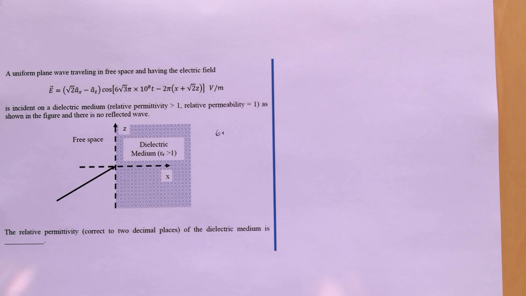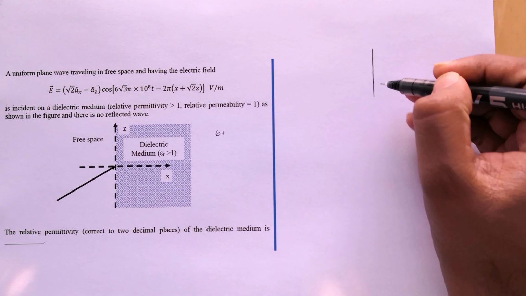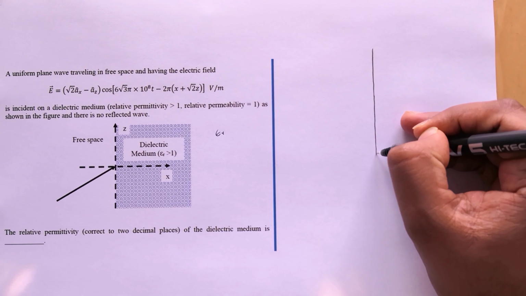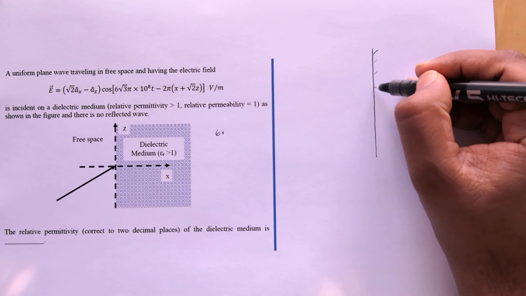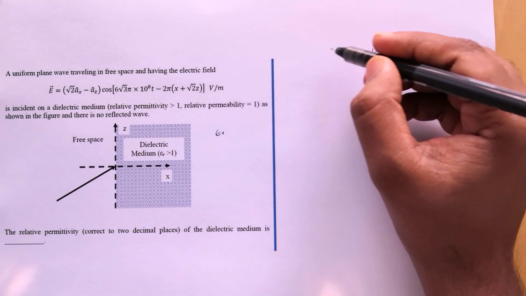So let's just draw a schematic here. I'm just drawing another schematic of the same thing which is given in the question. So this is a dielectric medium, and this is free space.